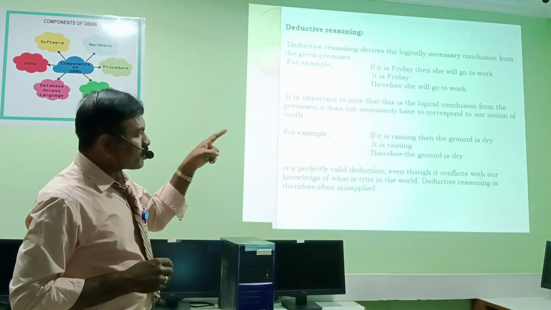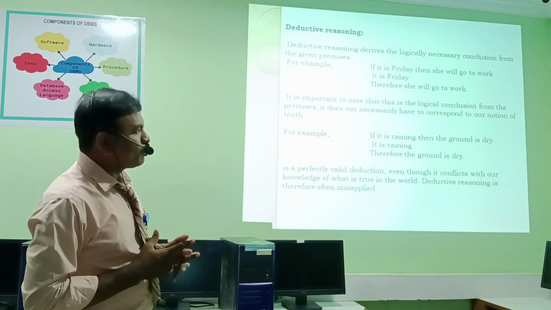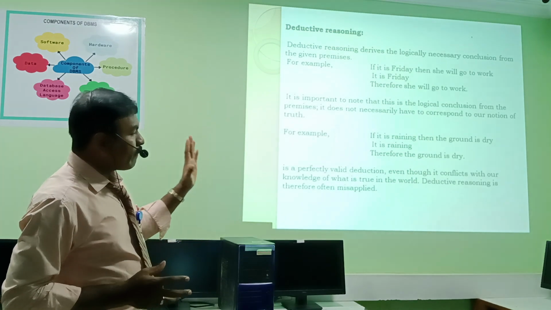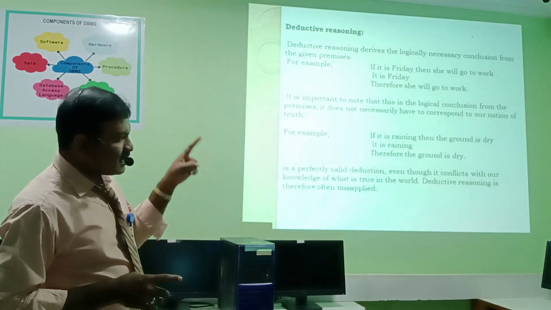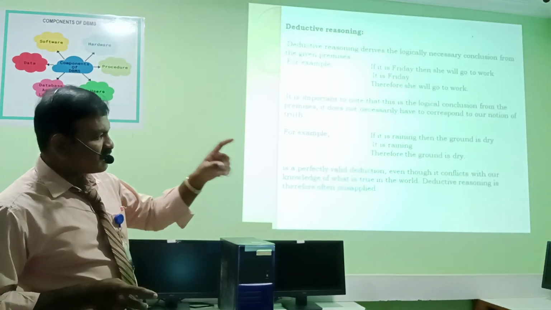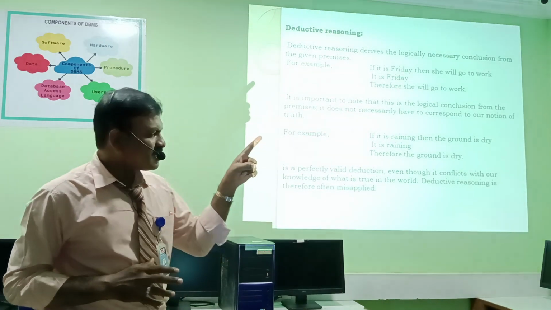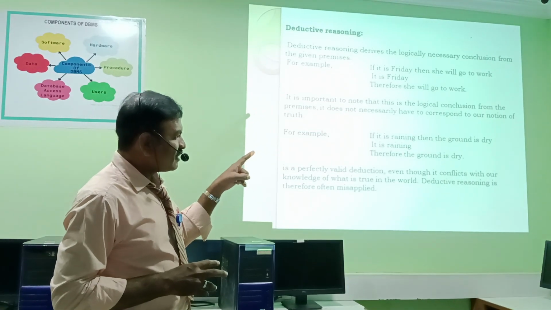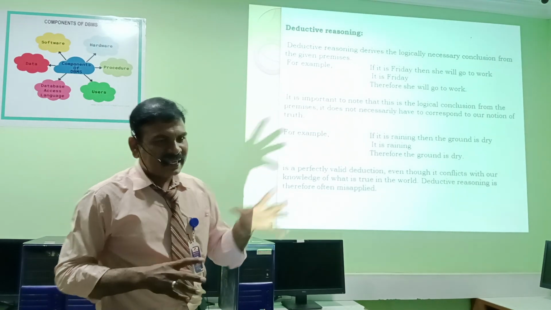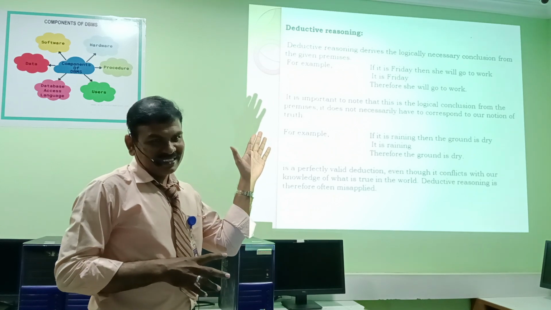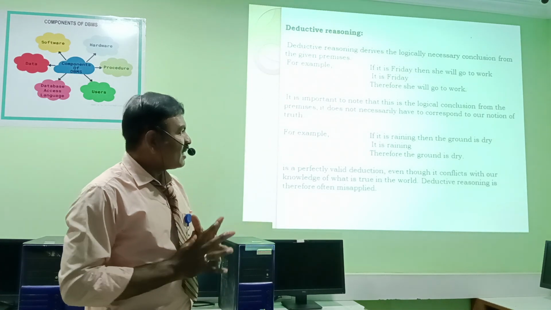It does not necessarily have to correspond to what we take as truth. For example, if it is raining, then the ground is dry. It is raining, therefore the ground is dry. Listen, see this.